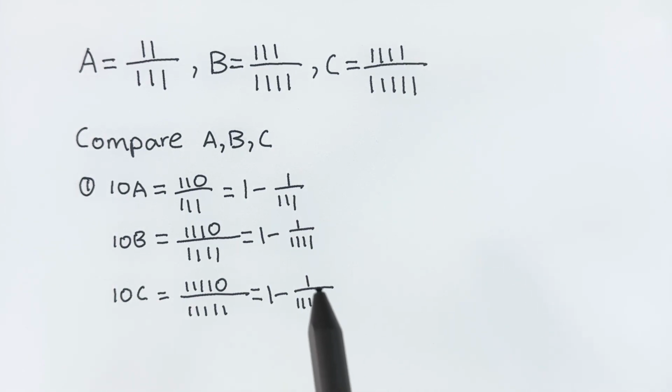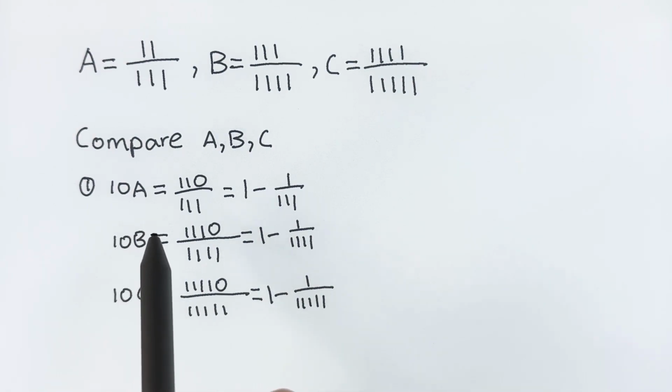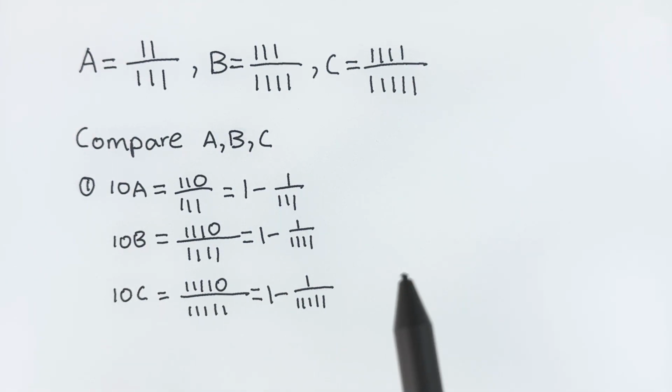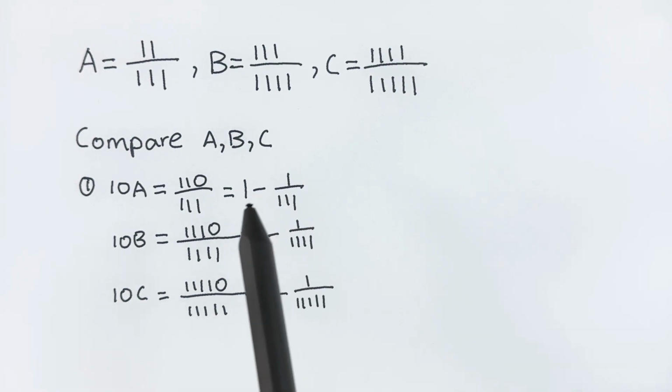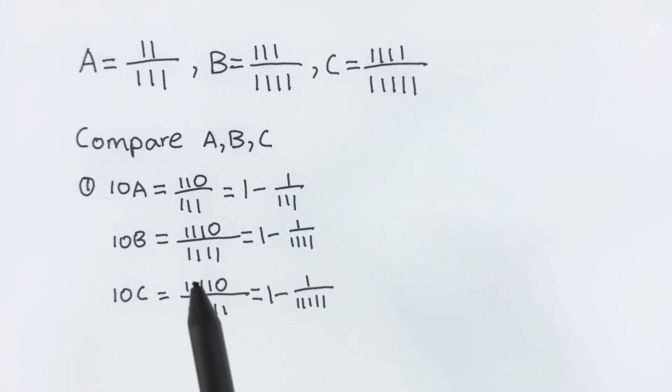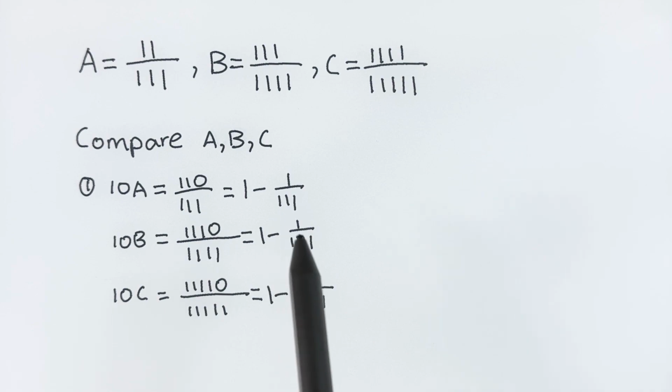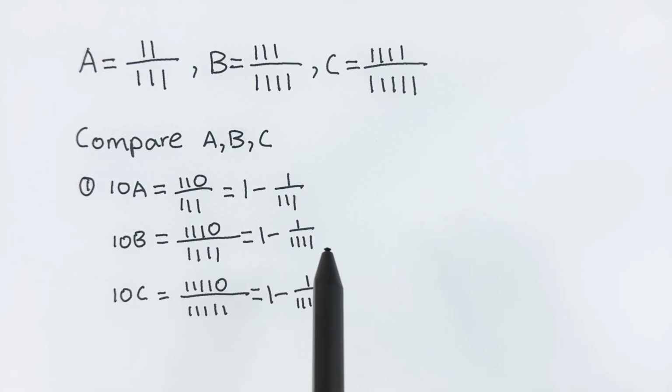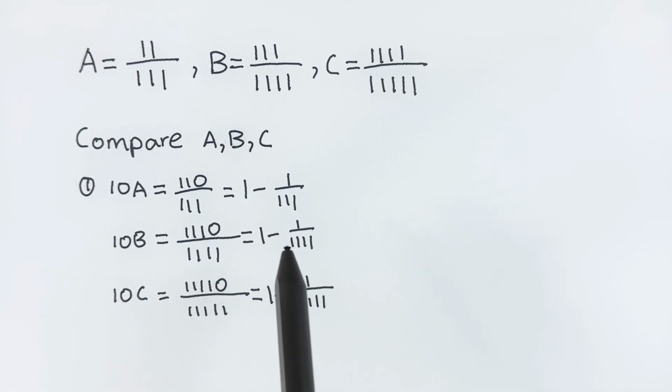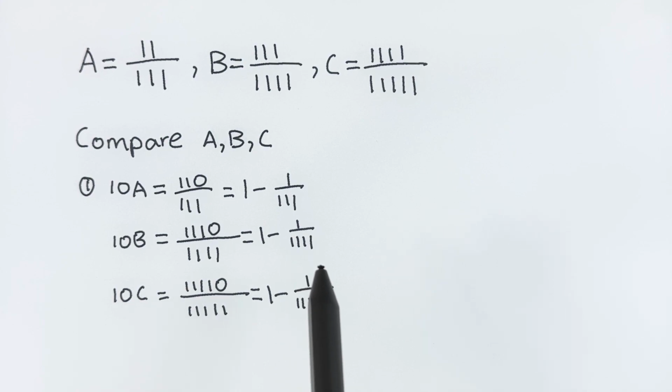When we are subtracting a number from 1 and we are comparing the values of 10a, 10b, and 10c, well, the smaller the number that we're subtracting from 1 is, the greater 10a, 10b, or 10c will be. And of these numbers, 1 over 111 is the greatest because the denominator is the smallest. So this means that 10a is the smallest value.